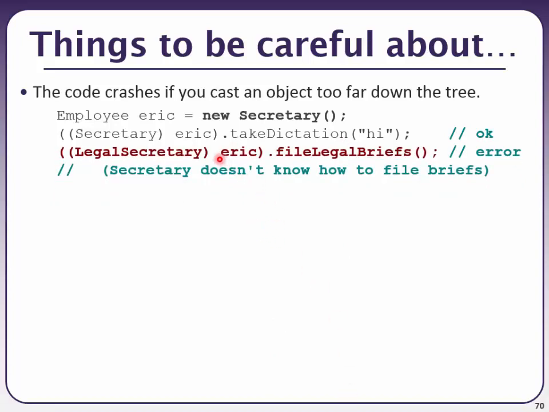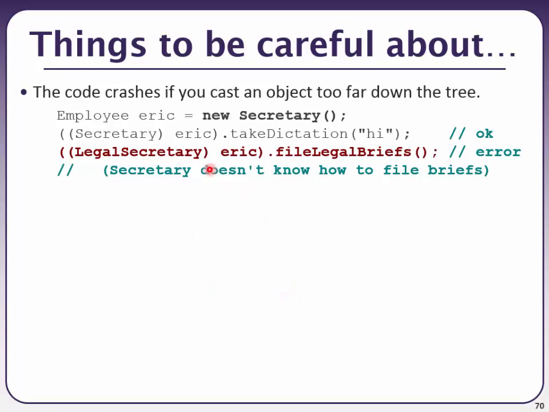But then what if I try to cast the reference inside the variable Eric to a legal secretary? So remember, we have the employee class, which is a superclass. One of the subclasses of employee is secretary. And then legal secretary is a subclass of secretary. And then I try to call a method that has been solely defined inside the class legal secretary. Well, that's not going to work.